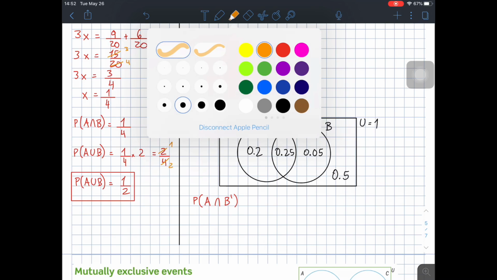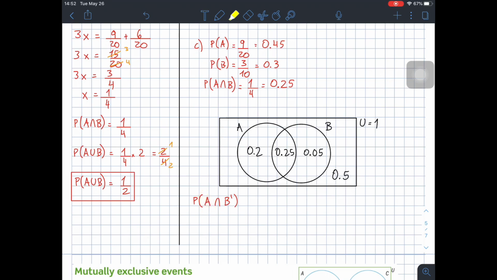Let me highlight, let's say A with yellow. So A is all the A circle, right? Like this. Then not B is everything that is outside of B. So I'm going to paint everything that is outside of B, and we would have something like this. Like this. We're not touching B. There you go.